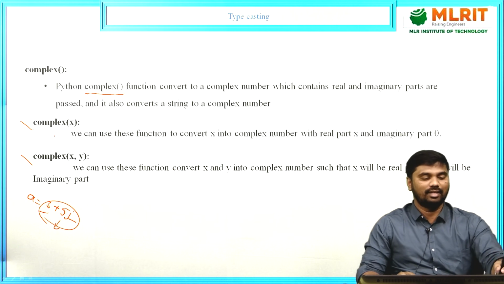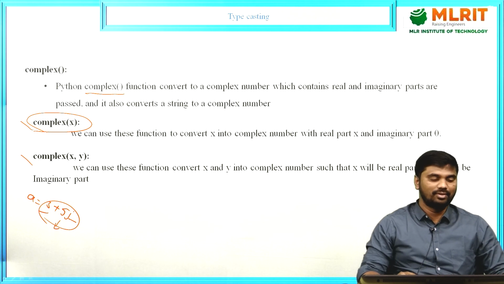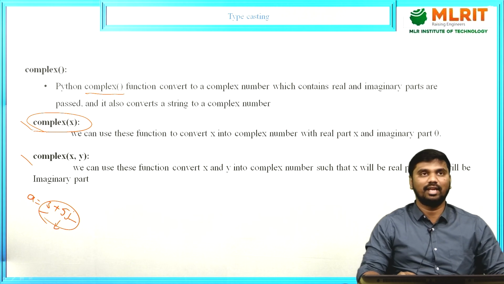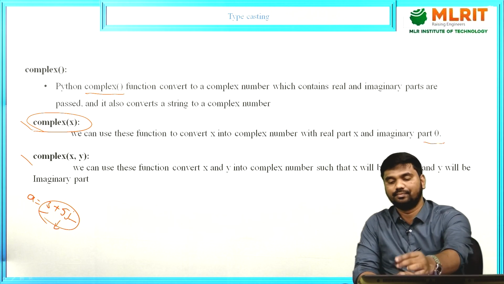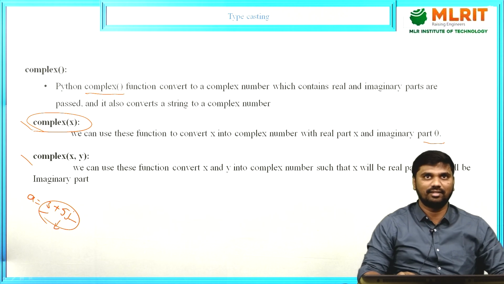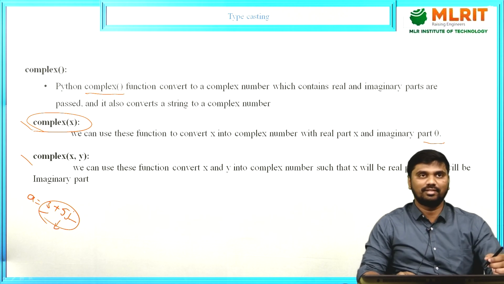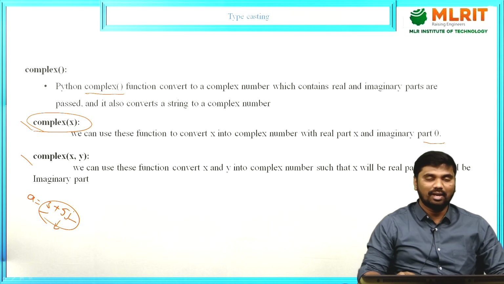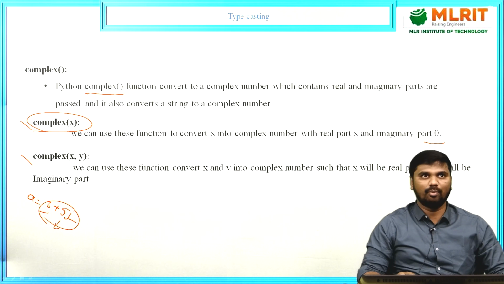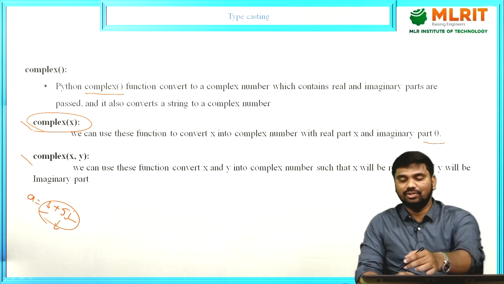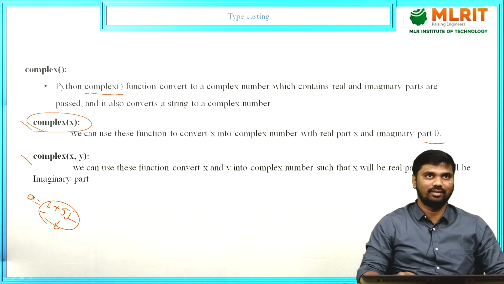First, when we pass one parameter, it represents the real part of the complex number, and the imaginary part of the number is considered as 0.